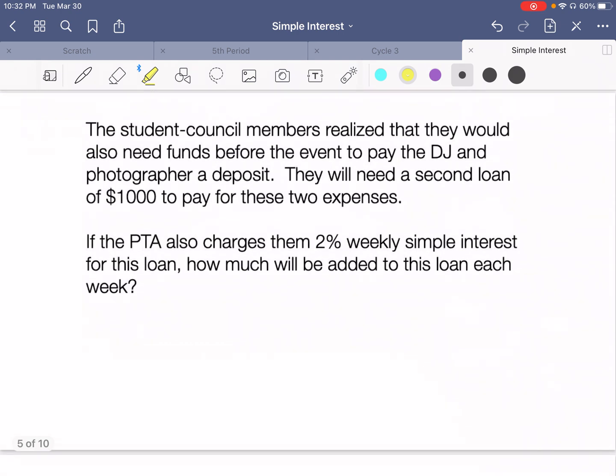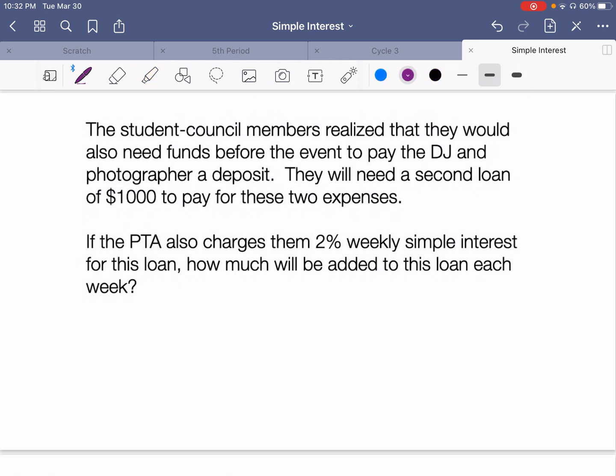Student council members realized that they would also need funds before the event to pay the DJ and photographer a deposit. They will need a second loan of $1,000 to pay these two expenses. If the PTA also charges them 2% weekly simple interest for this loan, how much will be added to this loan each week?